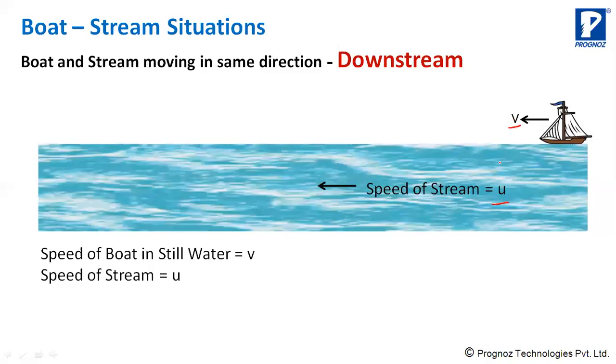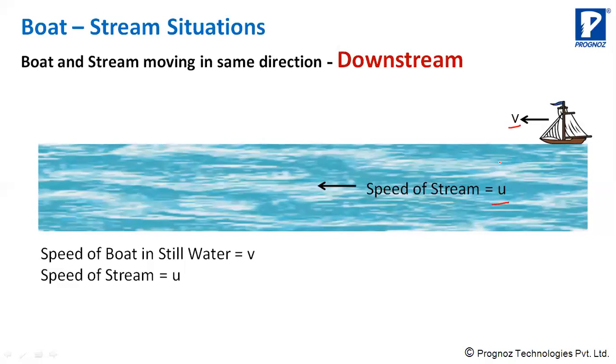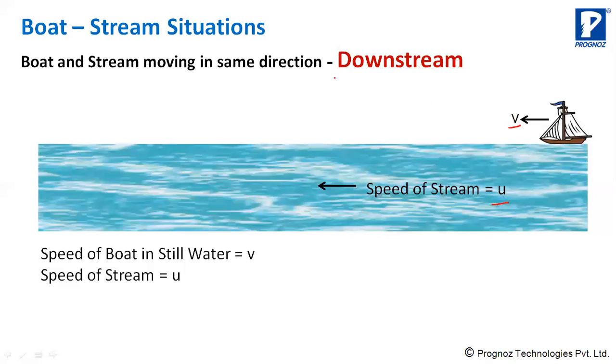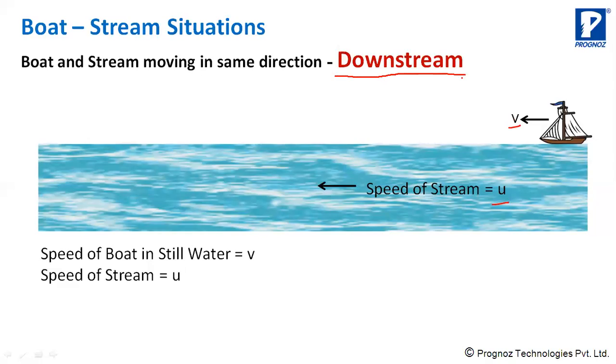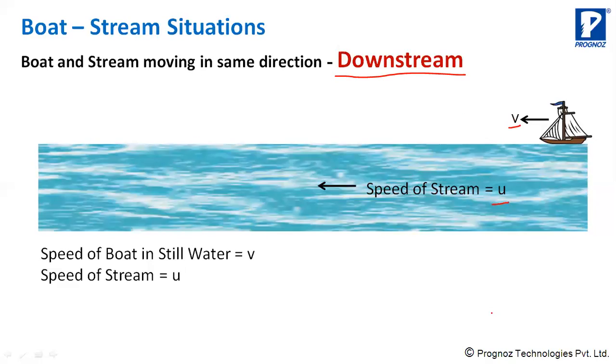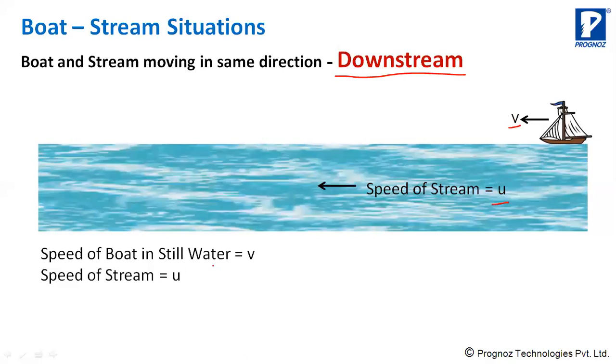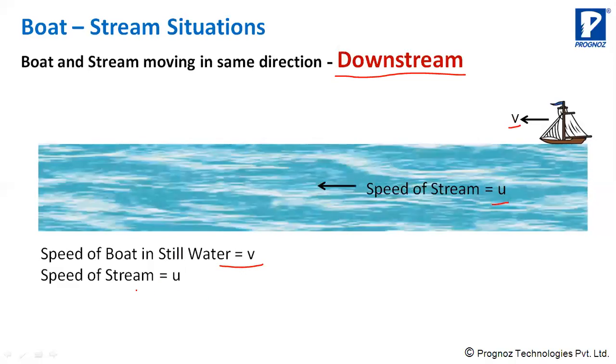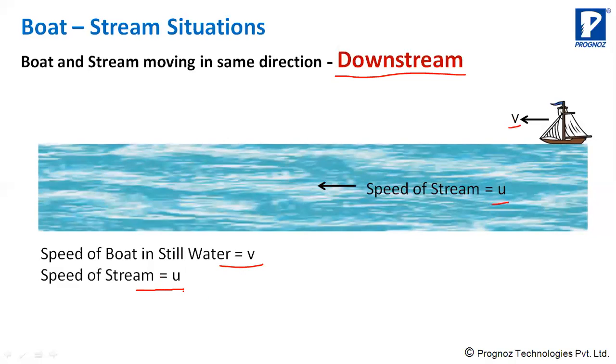So when the boat travels in the same direction as the stream, the situation is called downstream. Speed of the boat in still water is v, and speed of the stream is u.